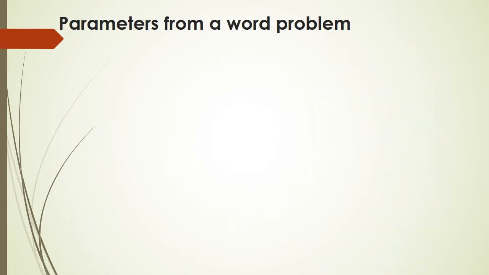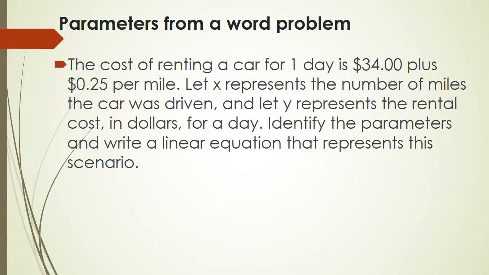Now let's find out how we can find parameters from word problems. We have this word problem where the cost of renting a car for 1 day is $34 plus $0.25 per mile. Let x represent the number of miles the car was driven, and let y represent the rental cost in dollars for a day.